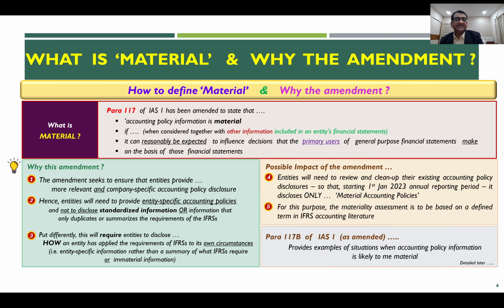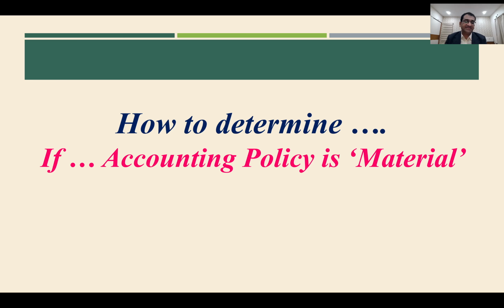Also, paragraph 117B of the amended Ind-AS 1 or IAS 1 provides examples of situations when the accounting policy information is likely to be material. Thereby meaning, if they are likely to be material, then in that case, the disclosure needs to be given. We will detail that out in the subsequent slides.